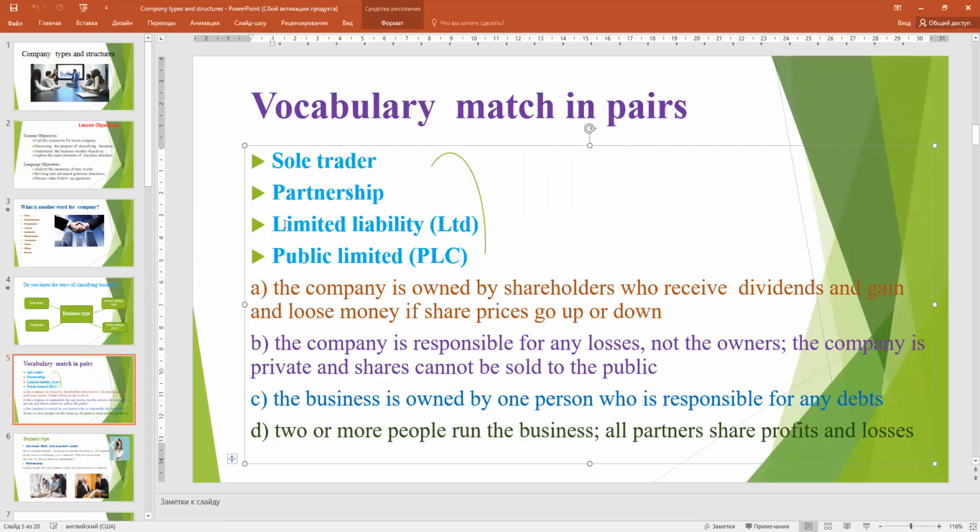And the public limited, as you can see here, is a company owned by shareholders who receive dividends and also gain or lose money if the share price goes up or down. Okay, so do you have any questions about these keywords? If you don't, let's go to the next.